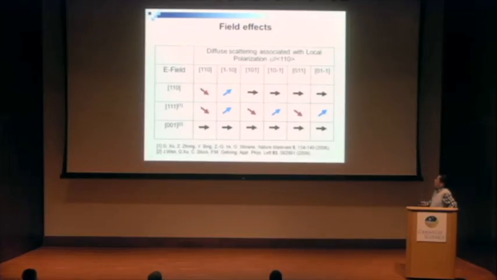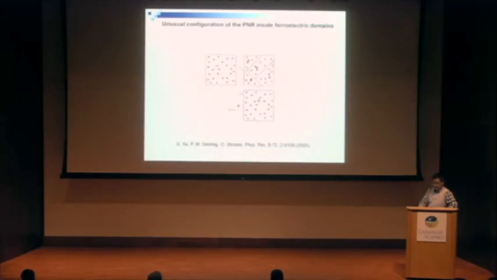And we know the 111 field will enhance 3 kinds of diffuse scattering and suppress the other 3. And the 001 field has no effect on any of the 6 types of diffuse scattering. To understand this, we use a model we proposed before: at high temperature, the PNRs are almost random.